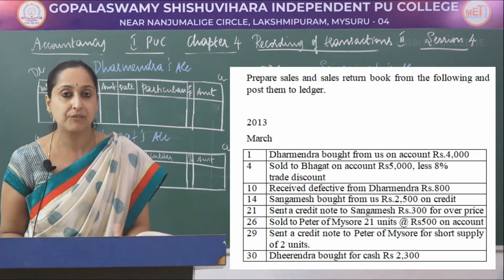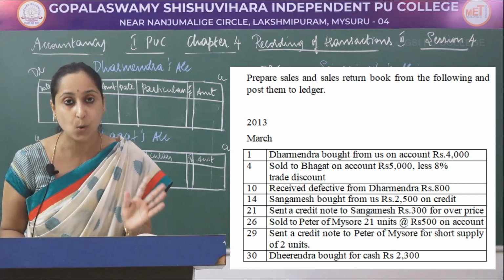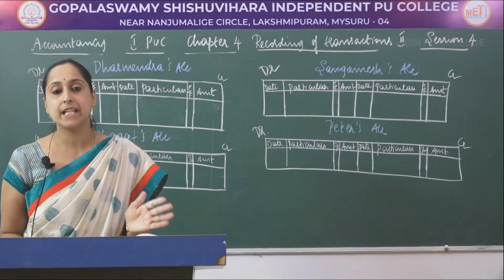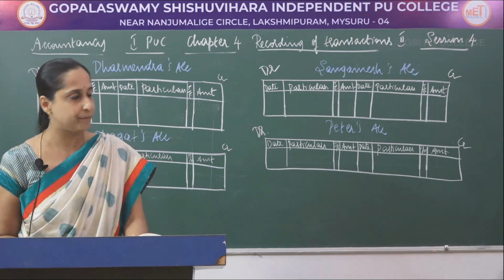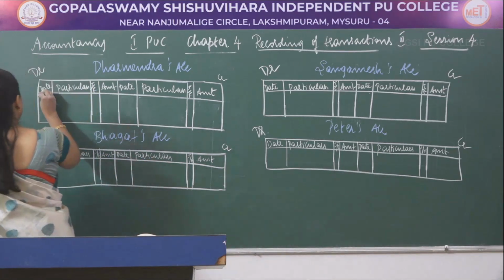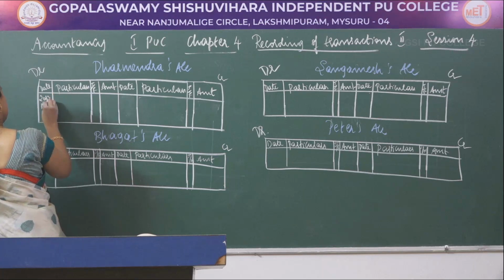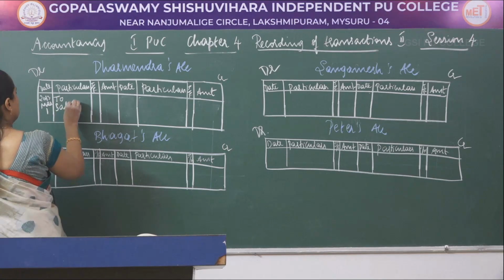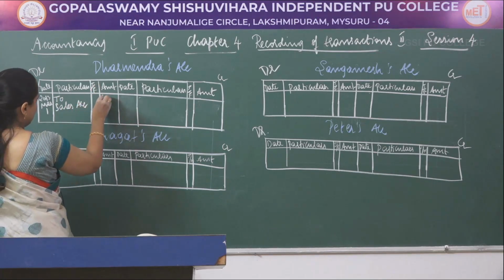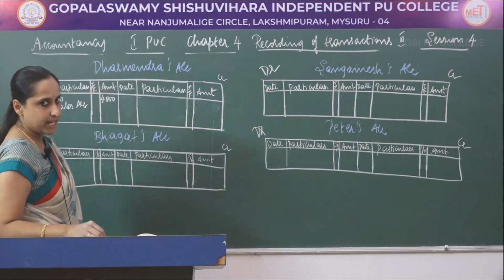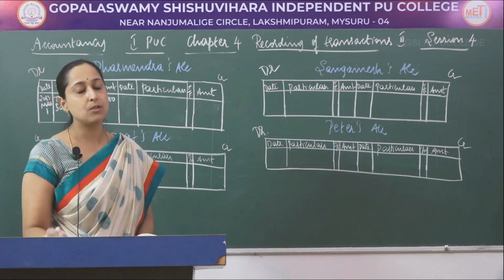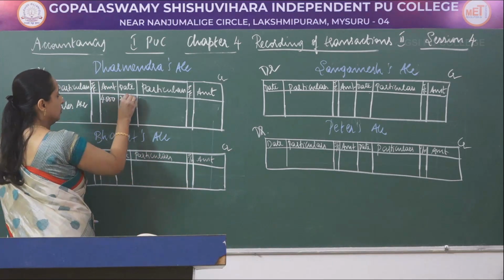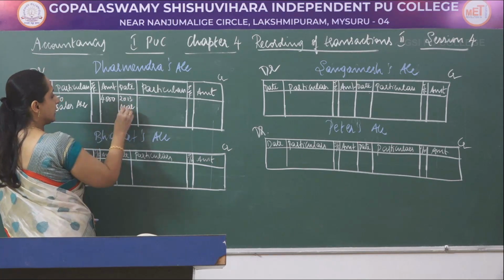In case of Dharmendra, we have sold goods to Dharmendra, and there is also a transaction related to sales return. So what is the journal entry? Dharmendra's account debit to sales account. Now we write on 2013 March 1st, to sales account. We have sold goods worth rupees 4,000 to Dharmendra, and there is also a sales return on March 10th 2013.